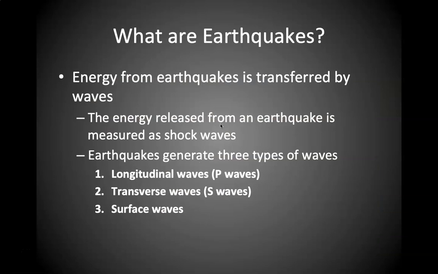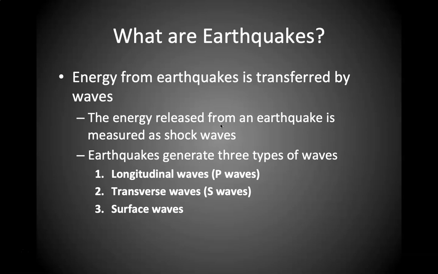Okay, so what are earthquakes? It's going to be energy that is transferred by those waves through the rock. And so what we know from that is those waves will actually travel, and the energy that is released from the earthquake is going to measure as shock waves. There's three different waves that generate from earthquakes.